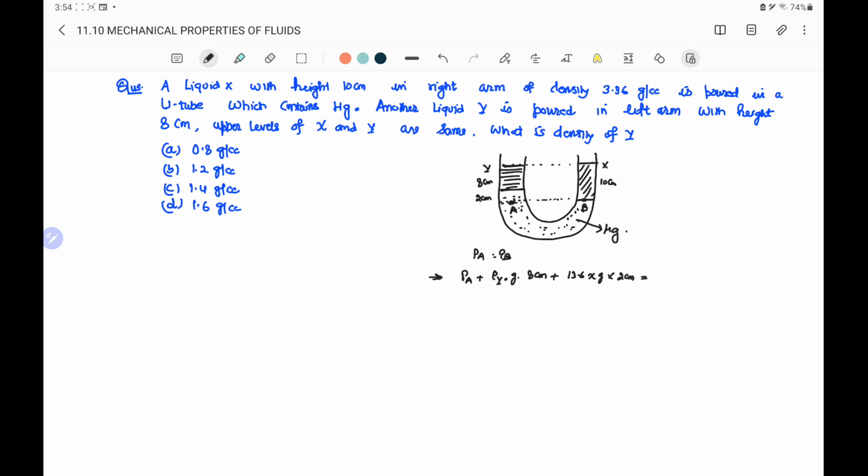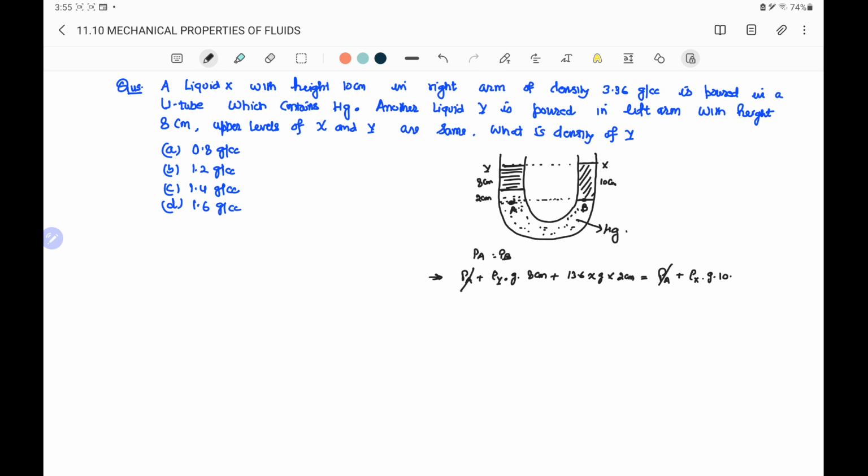This will be equal to the pressure at point B, which is the atmospheric pressure plus the pressure of the liquid column of X, which has the height 10 centimeter. So it is rho X into g into 10.